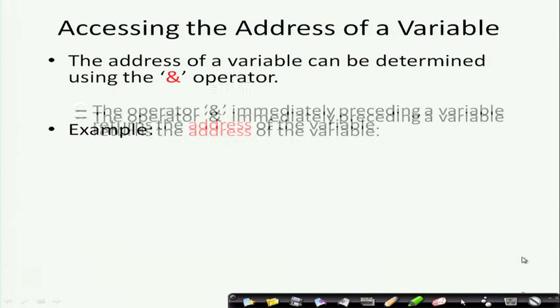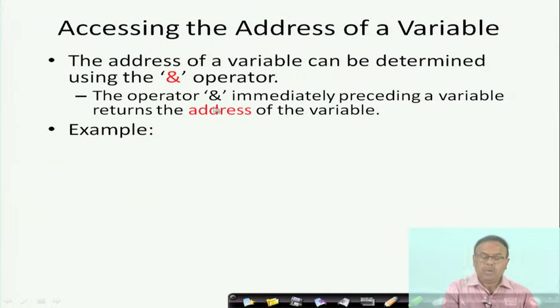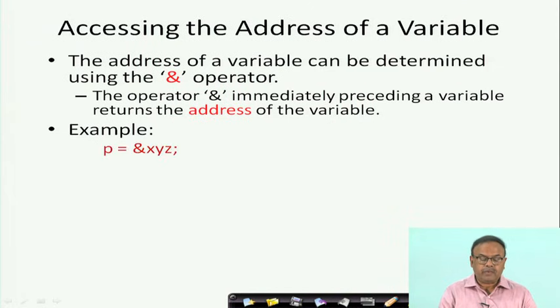Accessing the address of a variable. Now, you know that if I put the operator & (ampersand) immediately before the variable, that will return the address of the variable, like &xyz will give me, say, the value 1380, which is the address of xyz.